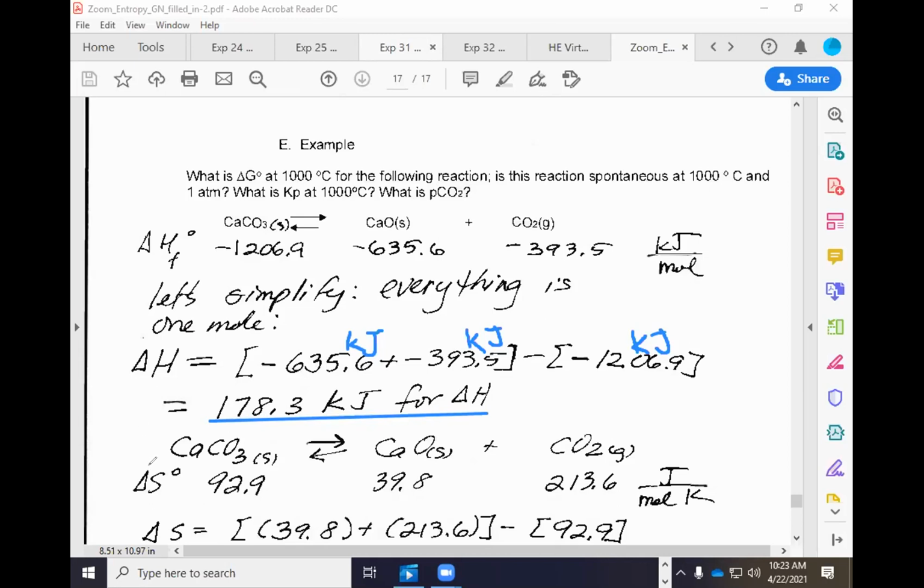And then we were given the entropy. And again, we're going to assume 1 mole, and the values were joules per mole Kelvin. And this is products minus reactants. And again, I got lazy and didn't put the units in.